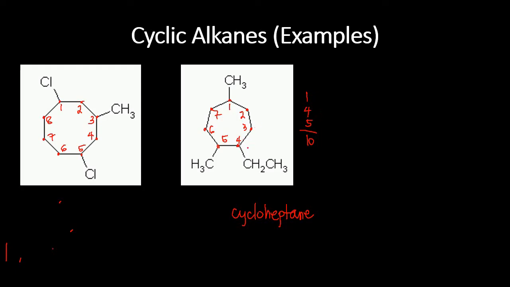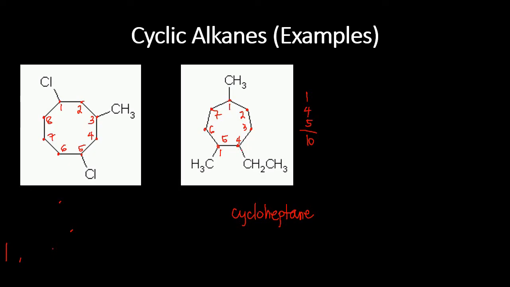So let's try the other ways in numbering. What if we start from this point? Okay. So start from this point, 1. We can go that way, pero alam na natin na masyadong malayo, so mas mataas na number doon.